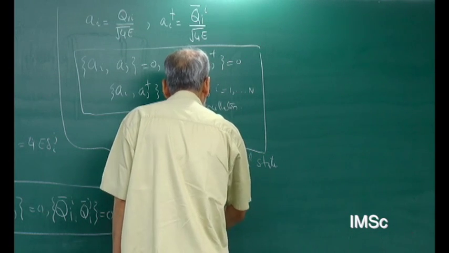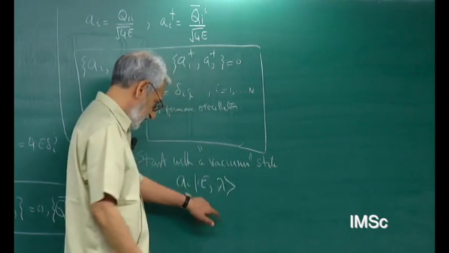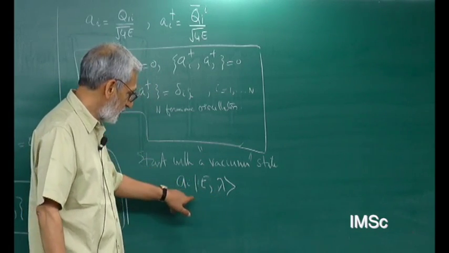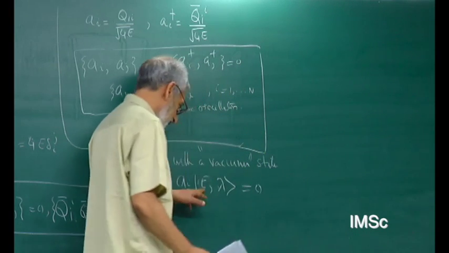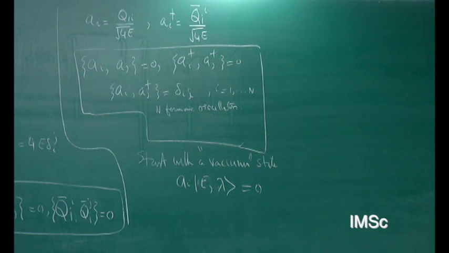And since we said massless states are described by prescribing the energy value and helicity, AI acting on the state E, lambda is 0. So we start with such a state and apply creation operators on it and create the representation of this algebra.